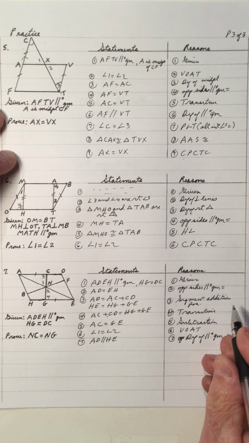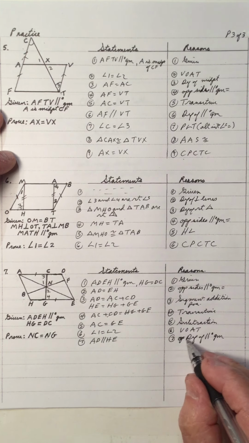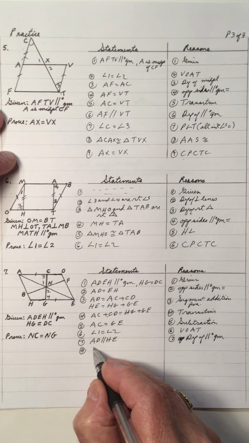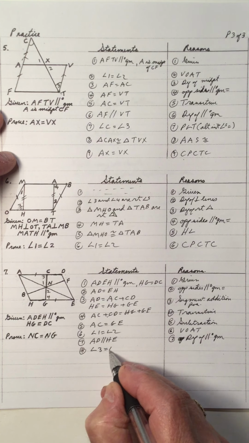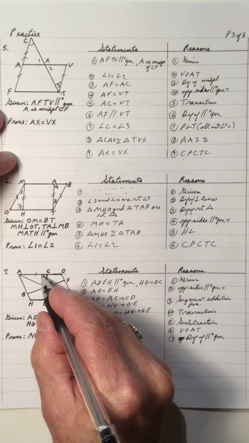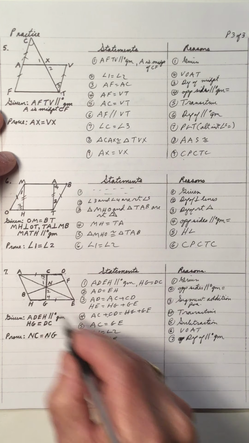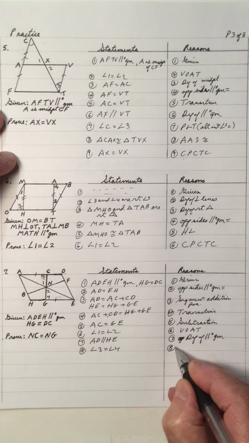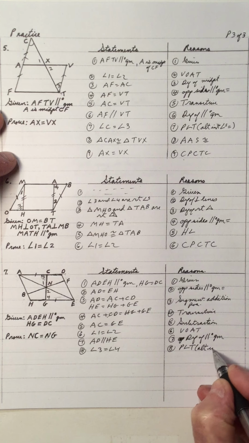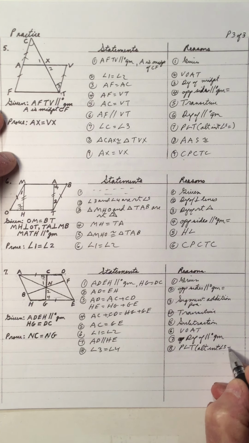Or I could say the opposite sides of a parallelogram are parallel, but it's easier to say definition of a parallelogram. That leaves me with angle 3 equals angle 4. These lines are parallel, so this is alternate interior 3 and 4. That's PLT, alternate interior angles equal.